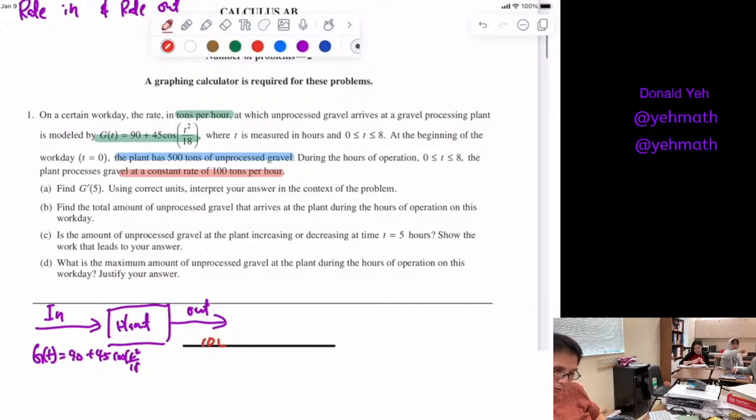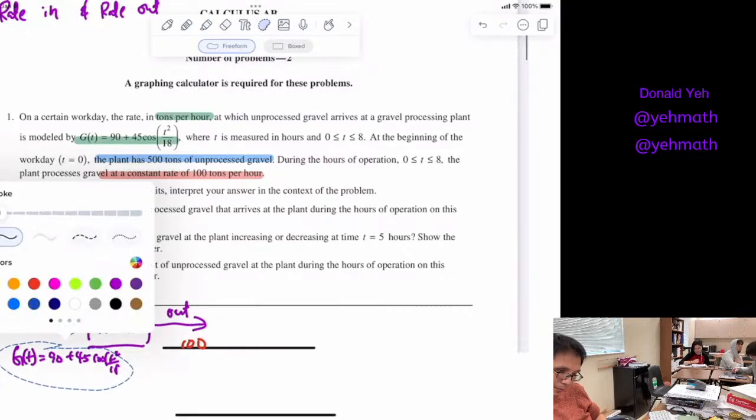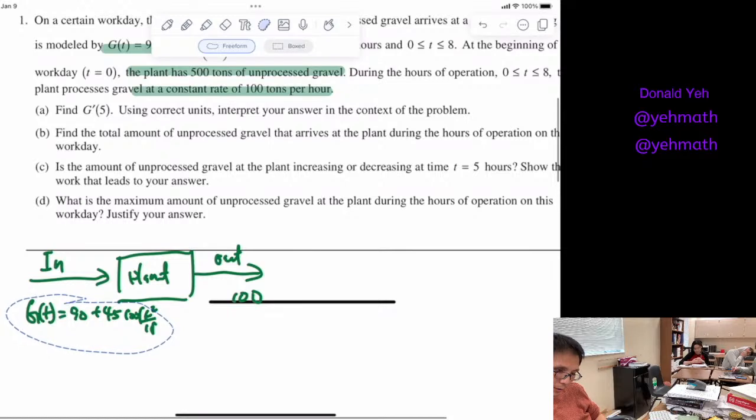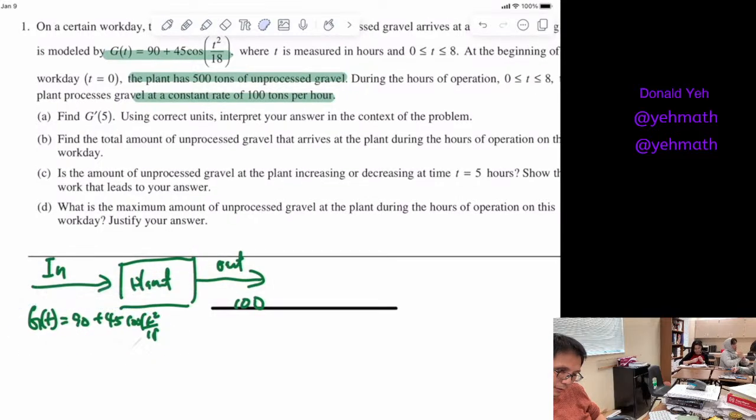This is 100. And this is green. Oops. Did you change everything green? What? Why did I change everything green? That does not make sense.